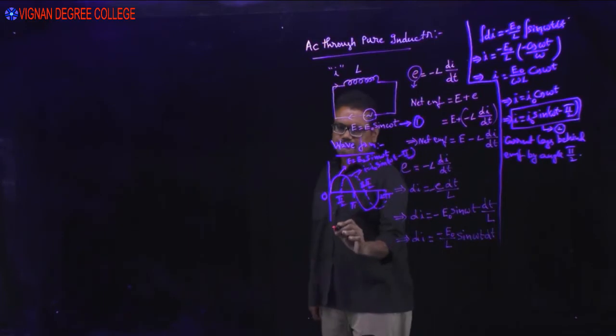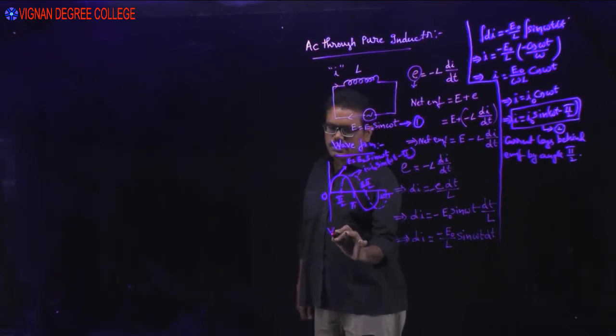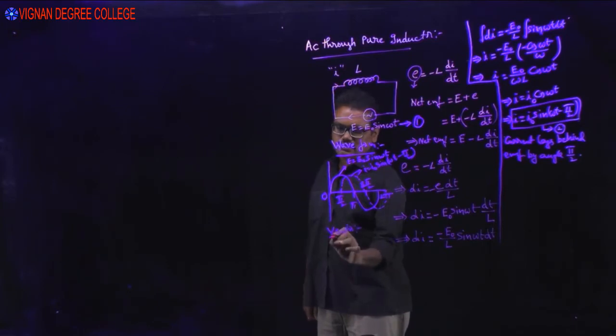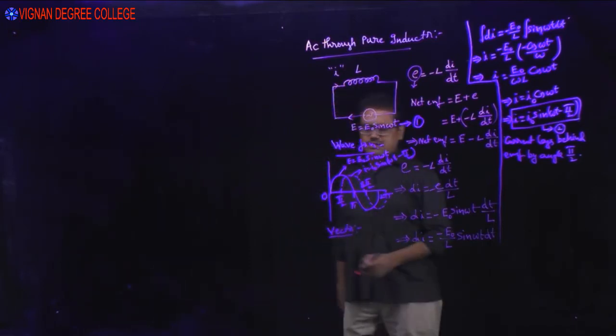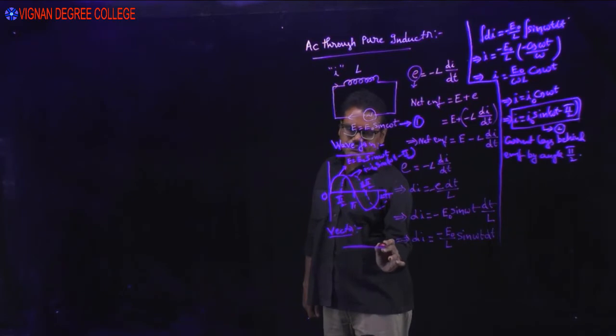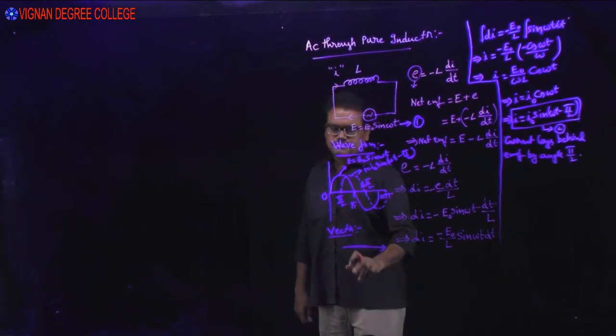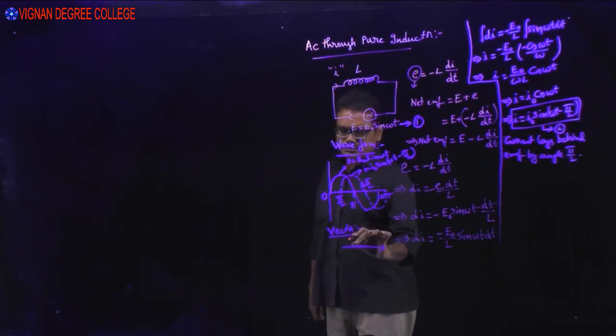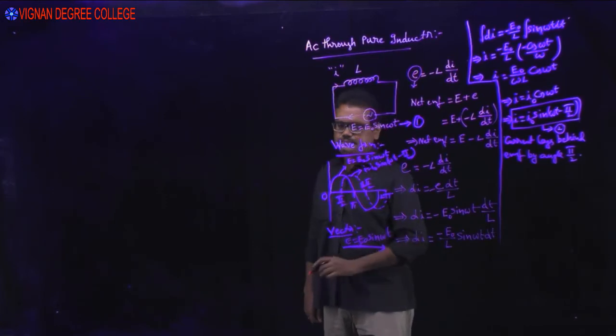Vector form. The relation between EMF and current is represented in vector form as follows. Here this horizontal line represents EMF E. That means it represents E is equal to E naught sin omega t.